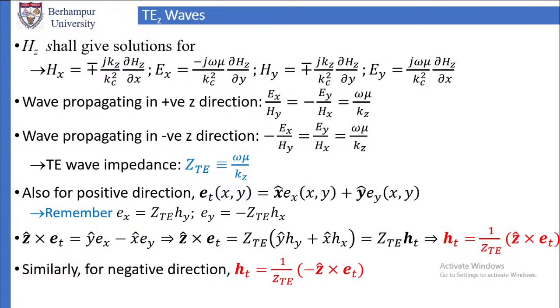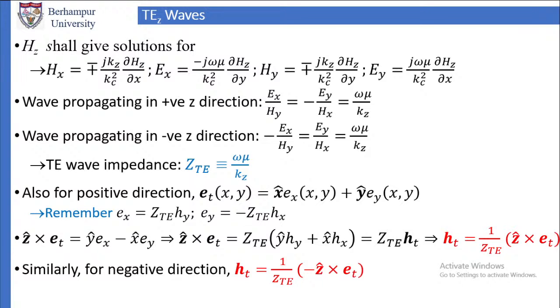Therefore, in both the directions, whether you go in the positive z direction or in the negative z direction, the ratio of the electric field component to the corresponding magnetic field component gives you omega mu by kz. Since it is the ratio of electric field to magnetic field, it is called the wave impedance, and it is for TE mode or TE waves.